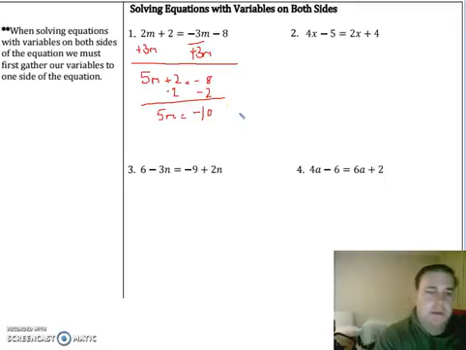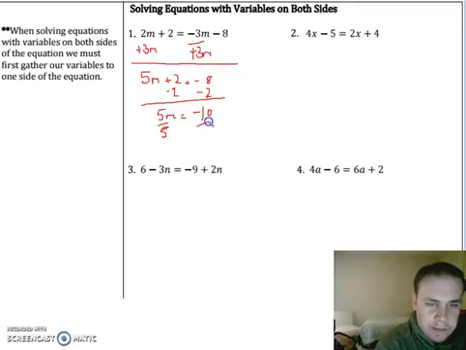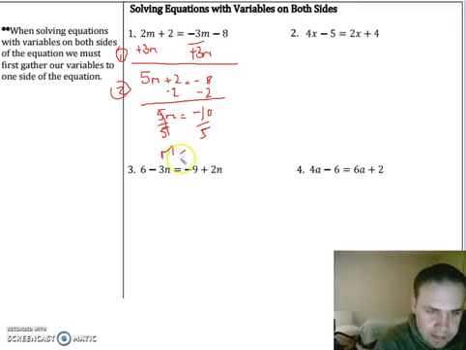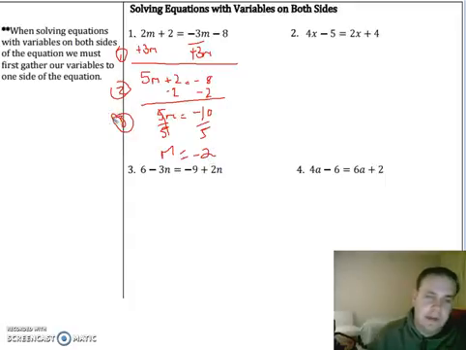And if I were to show this part here, I know my other lines were the step lines. So like this was step 1, this was step 2. This is just the divide by 5. That way this crosses out, and I'm left with m equals negative 2. Okay, so there's my first, second, third, and then eventually I simplify here.